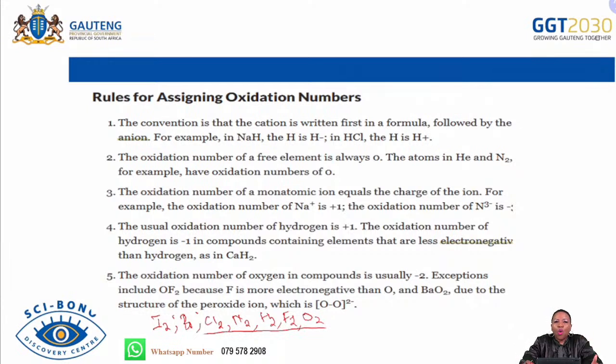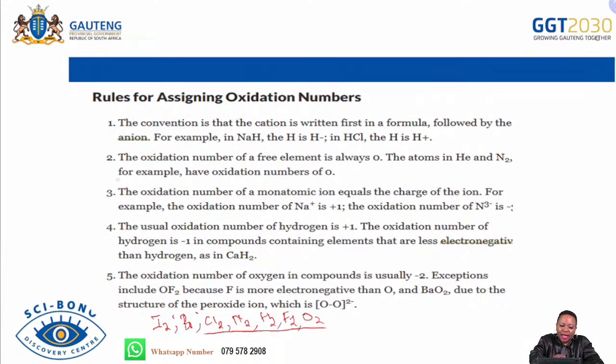So whenever you see O2, you already know that it's a neutral atom. And all the compounds, like water, like aluminum oxide that I just gave as an example, have an overall oxidation number of 0. But within the compound, you can still identify the oxidation number of each element or atom. Therefore, it is very important to understand that if you have a compound, the overall oxidation number will be 0.